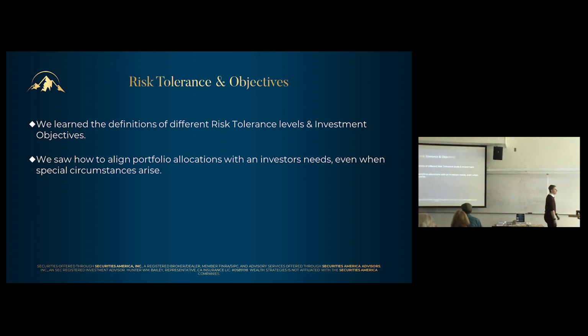So we just went over today all the risk tolerance and objectives that you might be following. We learned the different definitions of different risk tolerance levels and investment objectives, how they might fit within you, what they actually mean, and we saw how we could align our portfolio allocations with an investor's needs, even when special circumstances arise.